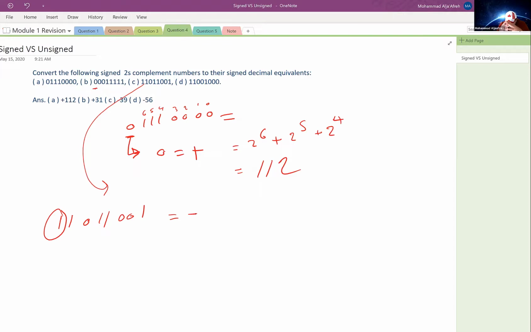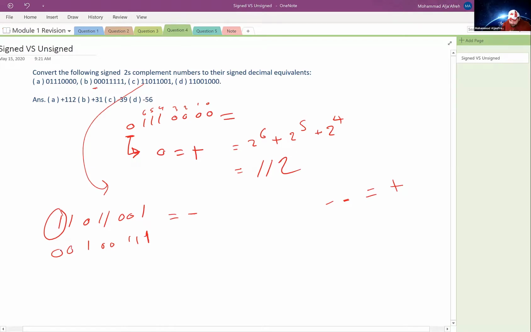I have to apply the 2's complement again, because negating the negation will equal plus. To do so, you keep this one and you start flipping all the others: 1, 1, 0, 0, 1, 0, 0.